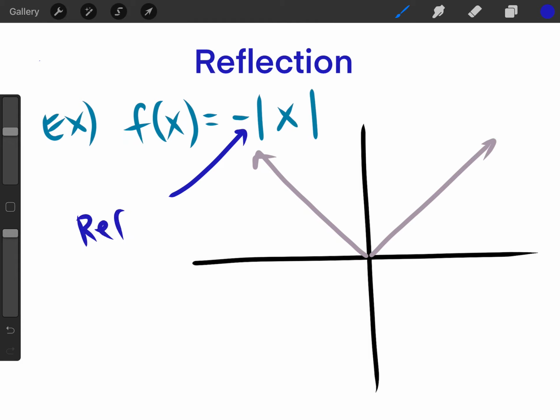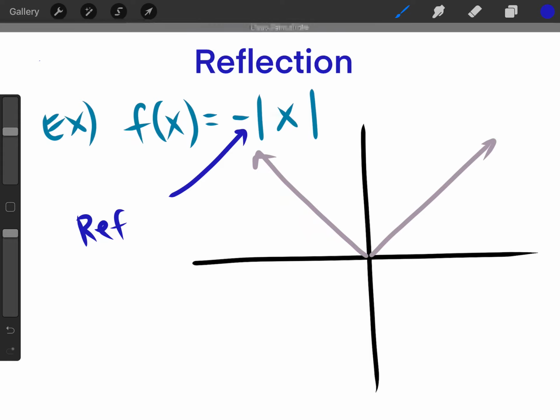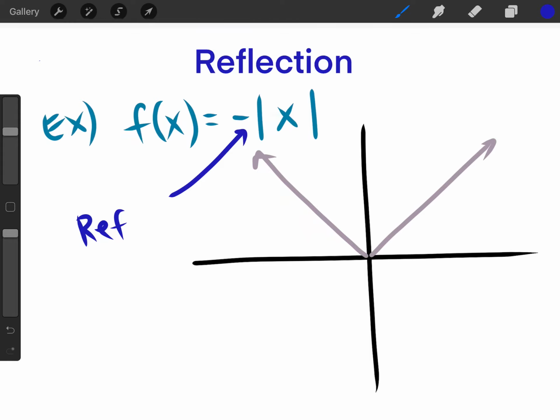This negative sign is not directly on the x. It's actually outside. So this is basically saying that I'm putting a negative on the y. If it's not on the x, it's going to be on the y.